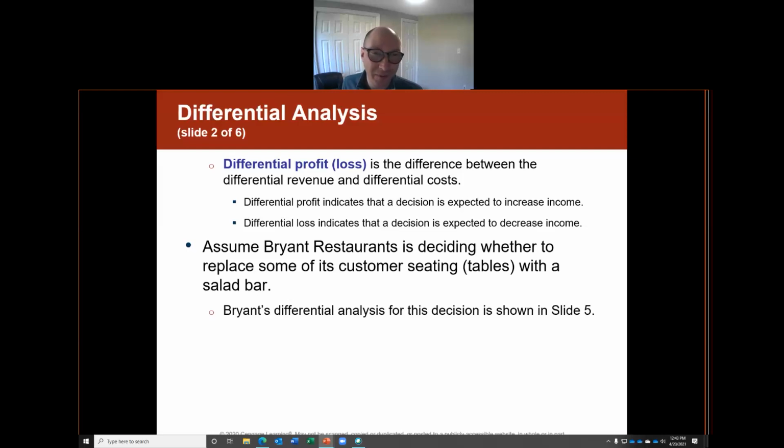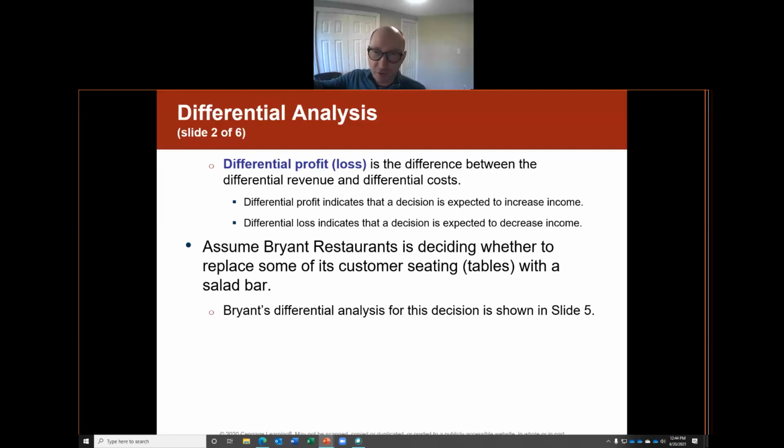So, from that perspective, since we look at differences in revenue and we look at differences in cost, we of course also need to take into consideration the difference in profit or loss in some cases. Revenue minus expenses equals net income, profit, right?